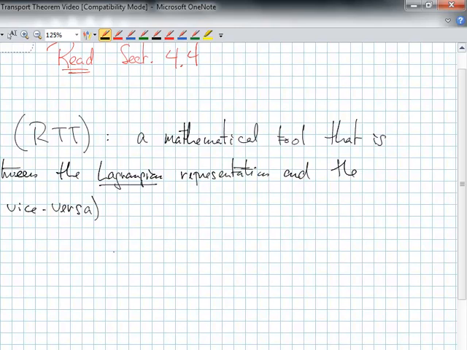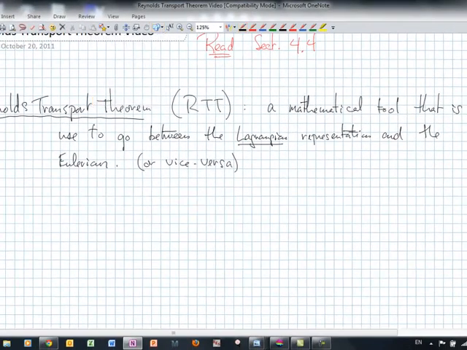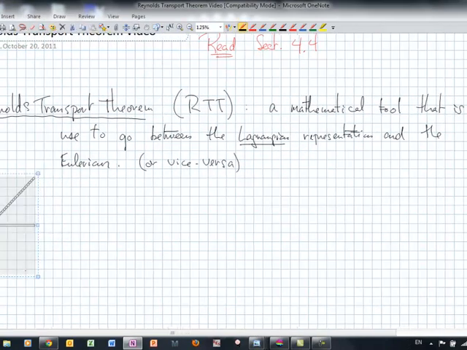Let's look at a fluid system that has mass m. Okay, in a proper grid system here. So I've got a fluid system that looks like that.